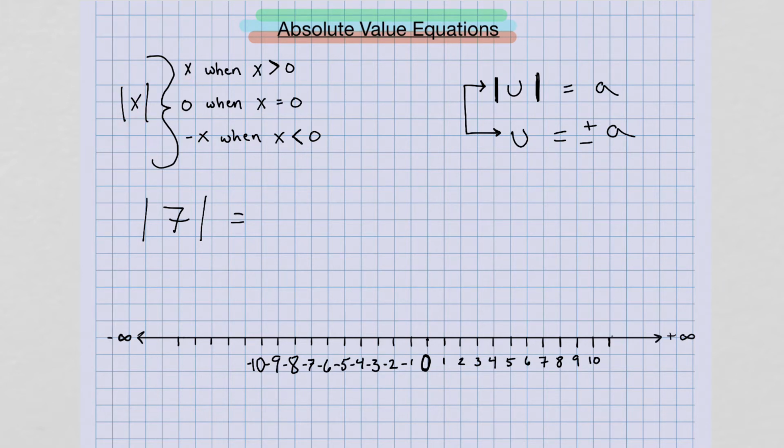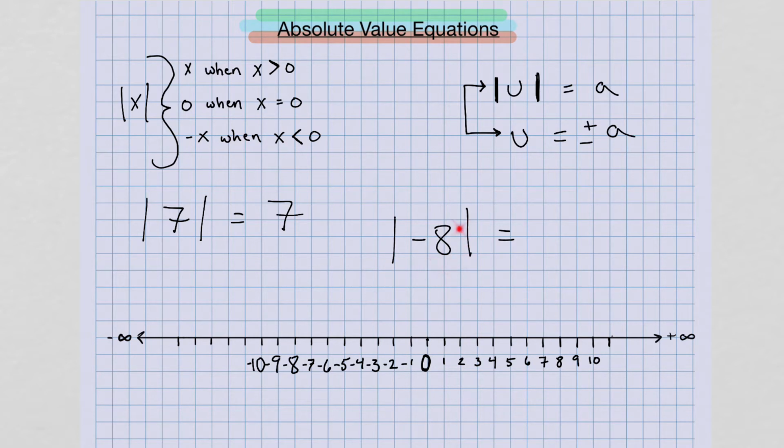Here we have the absolute value of x, the absolute value of 7. x is greater than 0. When I take these absolute value signs off, I just get x. So in this case, I just get 7. If I have the absolute value of negative 8, the absolute value of some number equals negative x when x is less than 0.